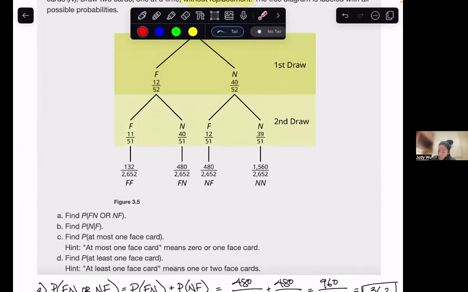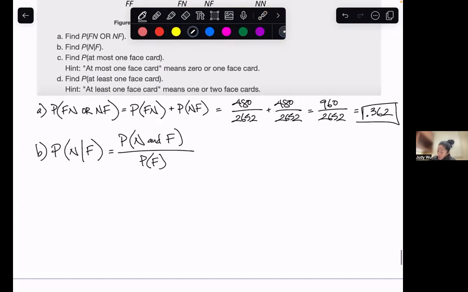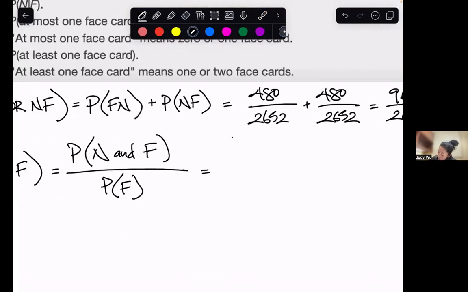The probability of getting a number and a face, all right, is going to be 480 over 2652. And then the probability of getting a face card is 12 out of 52.